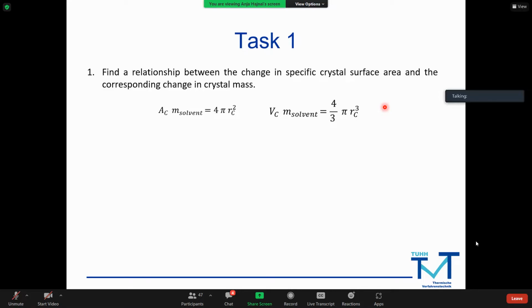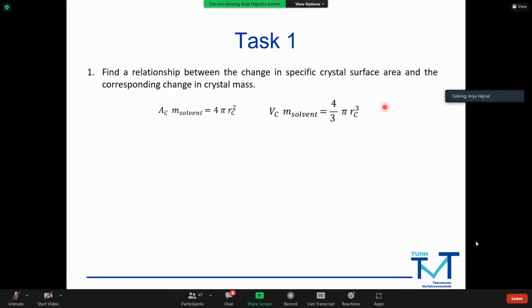Because in our task our goal is for our crystals to double their mass, we need to find the relationship between the crystal mass and the specific crystal surface area.